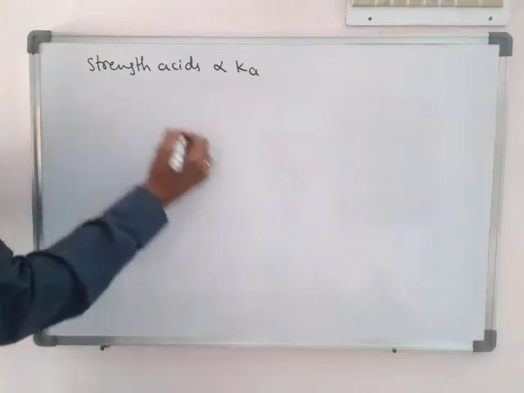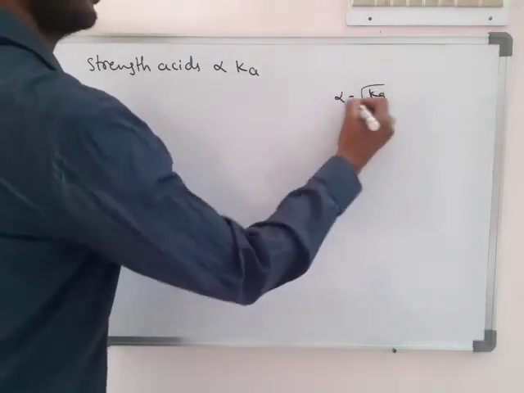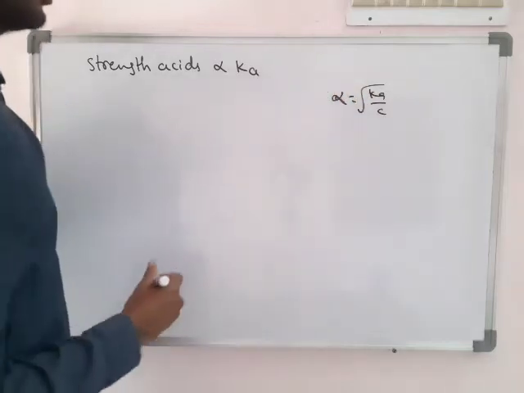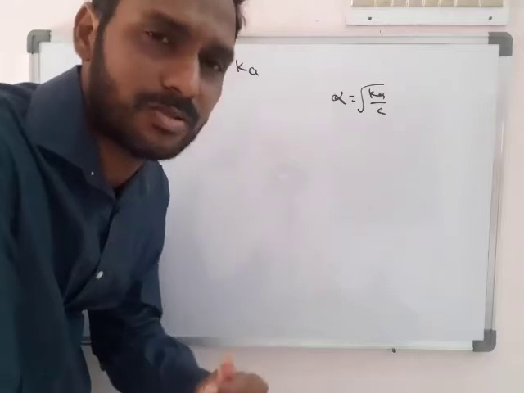In the same way, we have another formula: alpha equals root Ka by C. If alpha is highest, that is a strong acid.